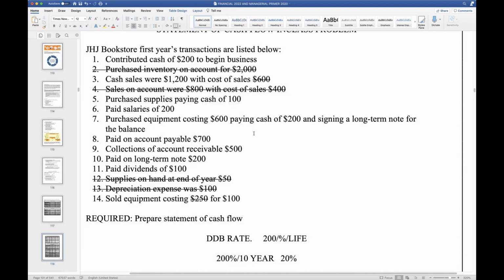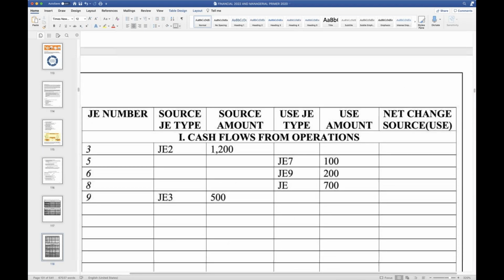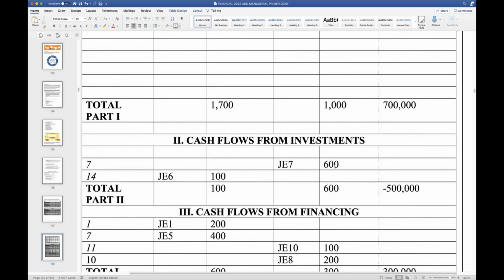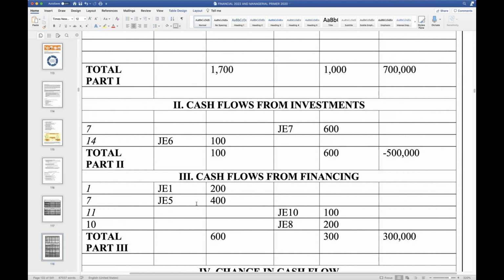The different one was when we purchased equipment costing $600, paid cash down $200, and signed a long-term note for the balance. So we said we want the $600 cost in there, and we want to show that. And so in showing that, we show the $600 cost, but we also show a $400 loan.